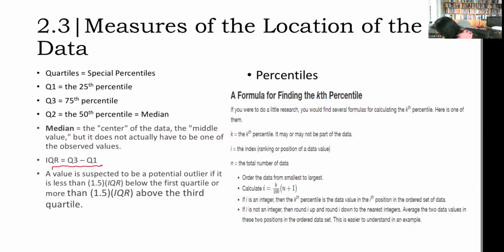A value is suspected to be a potential outlier if it is less than 1.5 times the IQR below the first quartile, or more than 1.5 times the IQR above the third quartile.